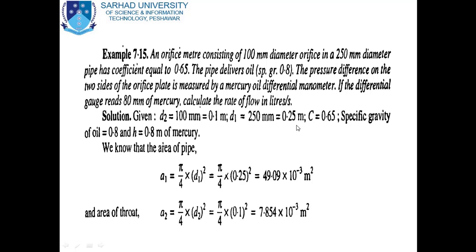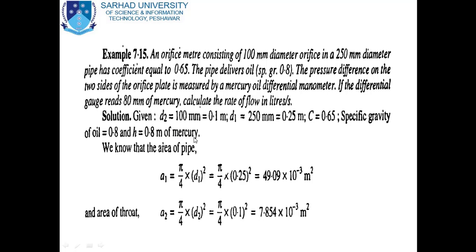Specific gravity of oil is already given, which is equal to 0.8, and H is already given, which is 80 mm. So this will be equal to 0.08. This is not 0.8, this is actually 0.08 meters of mercury.